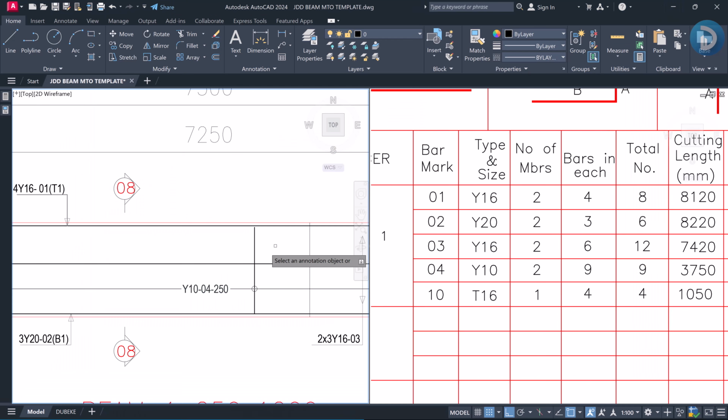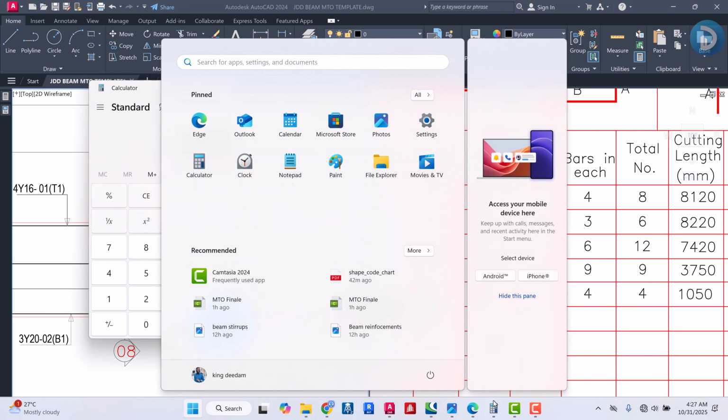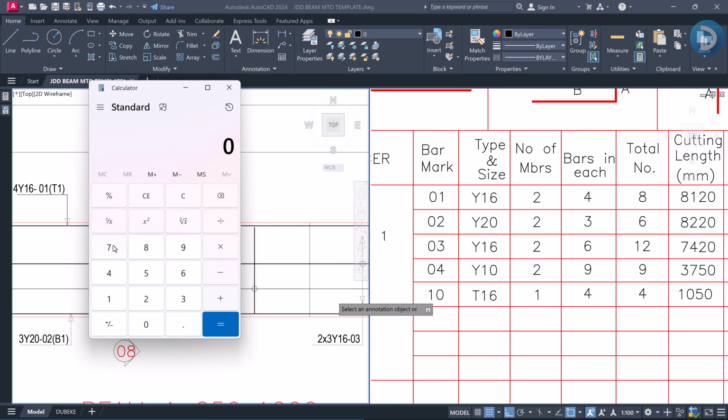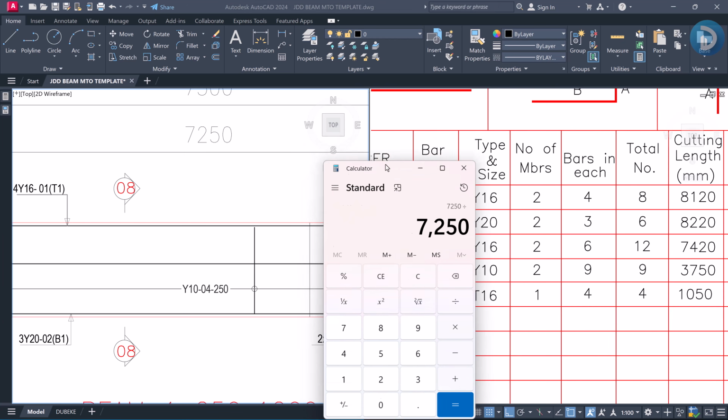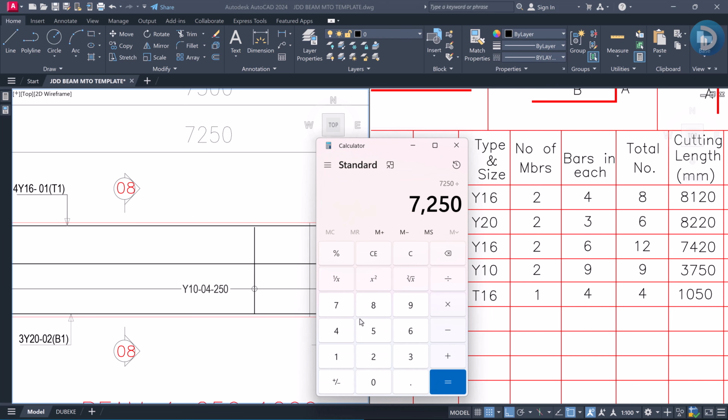So we have this to be 7250, and if we pull up our calc, we punch 7250 divided by a spacing of 250 millimeter. It means we require 29 of these links to satisfy the requirement of this beam 1.